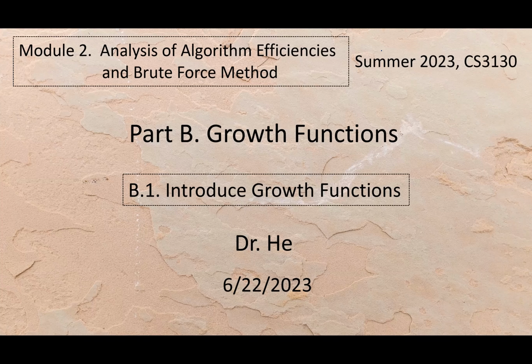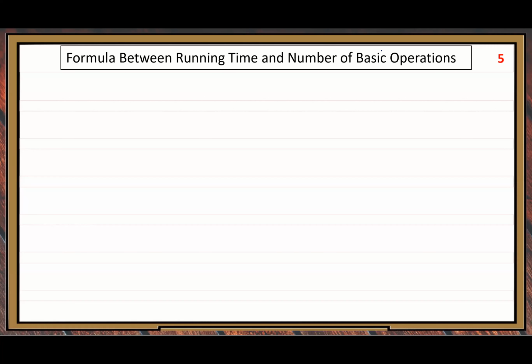So here, we introduce this growth functions concept. We use our part A example, the formula between running time and the number of basic operations.